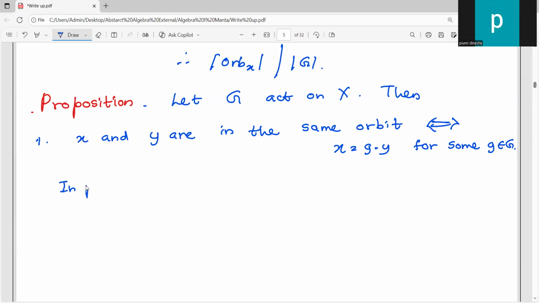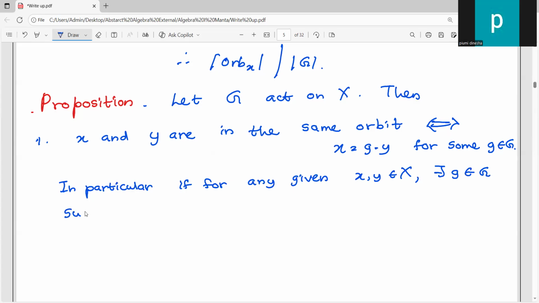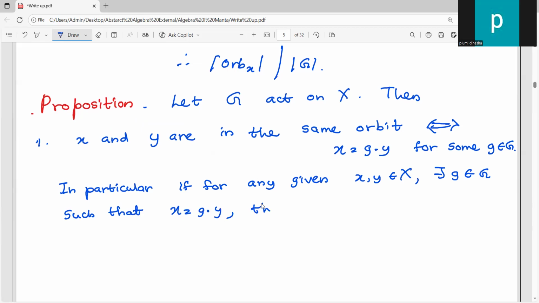In particular, if for any given x, y elements that you take from the set X, there is some g in the group such that x is equal to g dot y, then there is only one orbit, one distinct orbit, in this entire set X. So this orbit will contain all of X.